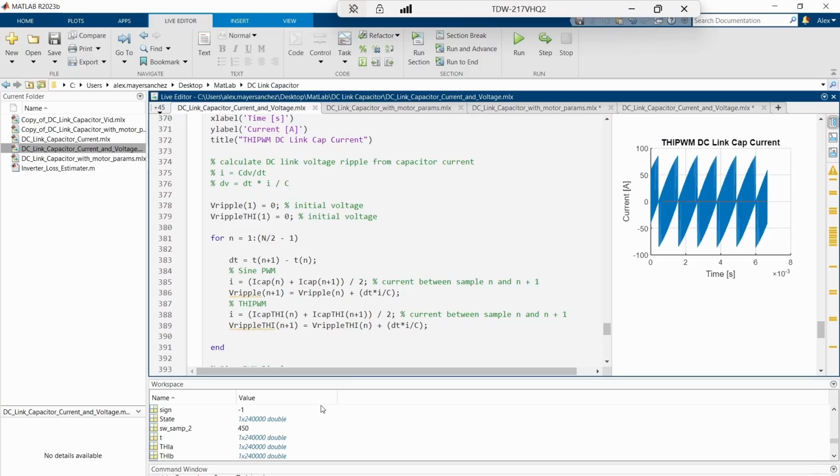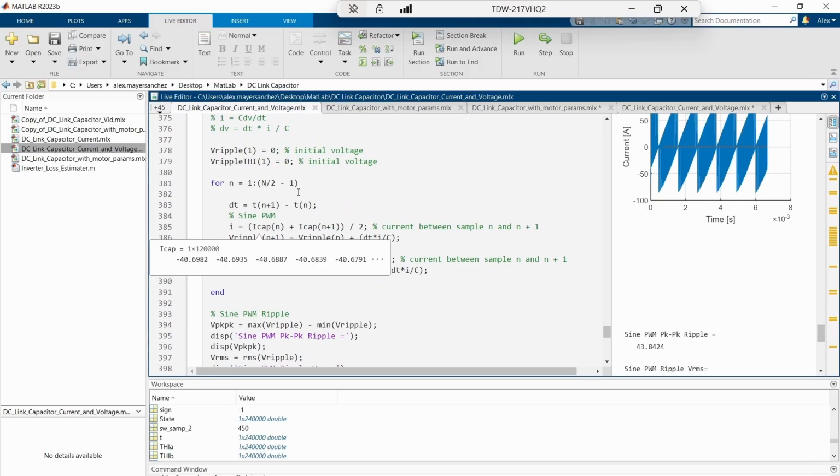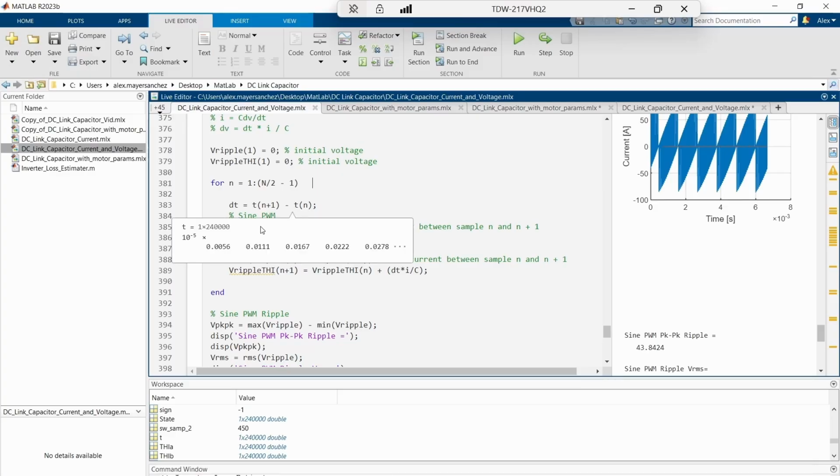Because we have an array that has these discrete steps in time and discrete steps in current, I'm using this for loop. What this for loop is doing is saying the change in time between two steps, dt, is going to be equal to the time at step n plus 1 minus the time at the current step n.